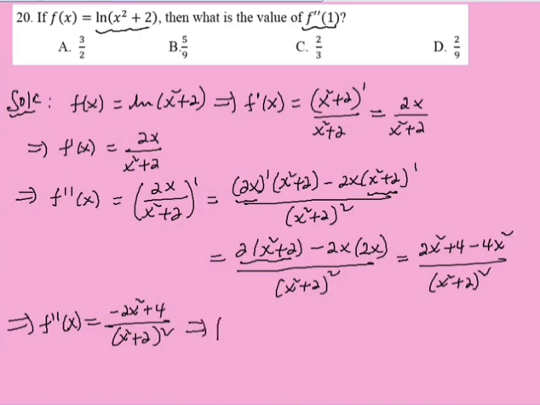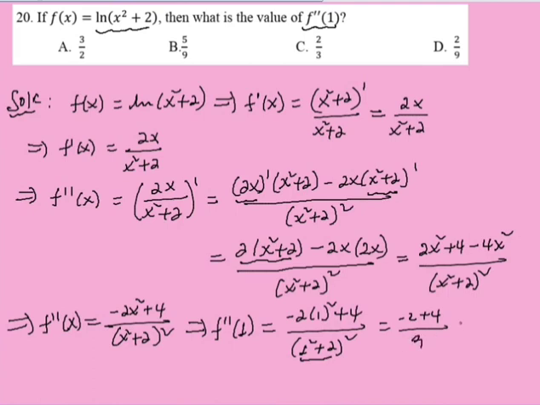So this implies the second derivative at 1 is equal to minus 2 times 1 squared plus 4 over 1 squared plus 2 the whole square. So this is minus 2 plus 4 over 1 squared is 1, 1 plus 2 is 3, 3 squared is 9. This is 2 over 9. Therefore, the second derivative at 1 is 2 over 9.